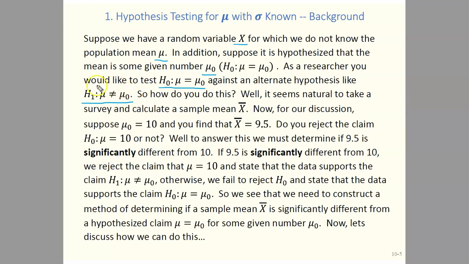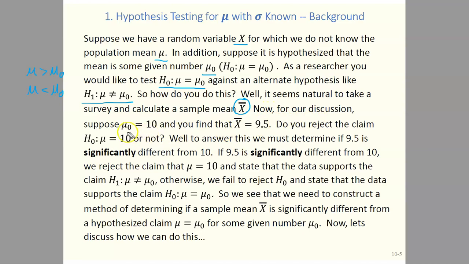Now, we're just going to focus on this type of alternate hypothesis for the rest of our discussion, and then we'll discuss how we can modify our technique to cover the other two cases where mu is greater than mu naught or mu is less than mu naught. So we'll cover those later. For right now, we're just dealing with this type. So the question is, how do we do this? Well, it would be natural that you would take a survey and calculate a sample mean, x bar.